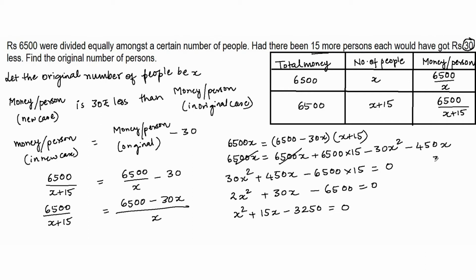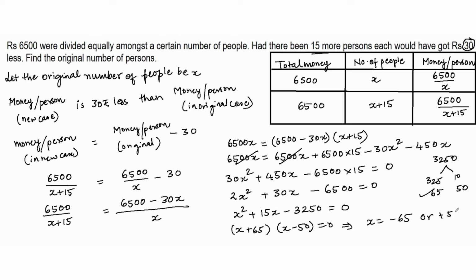So 3250 can be written as 325 tens, and I can divide this by 5, so this becomes 65, and I can multiply this by 5. This becomes 65 and 50, great. This combination definitely works, so it becomes x plus 65 into x minus 50 is equal to 0, which implies x is either minus 65 or x is positive 50.